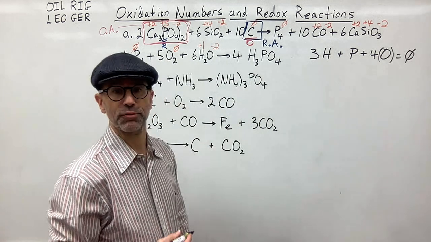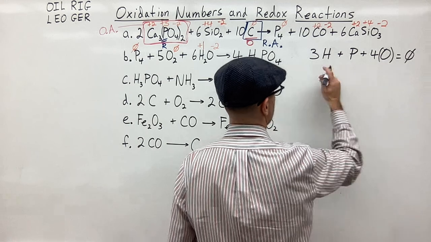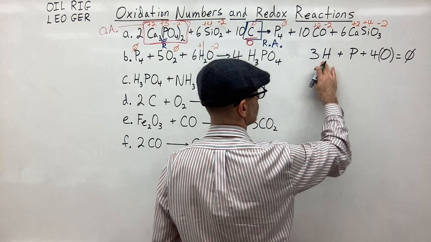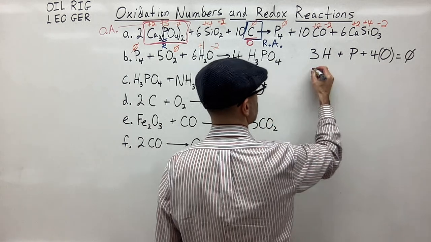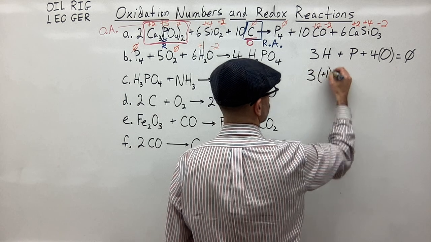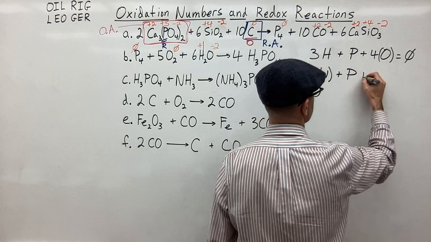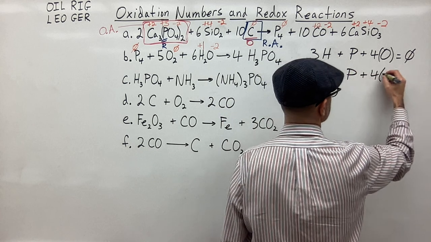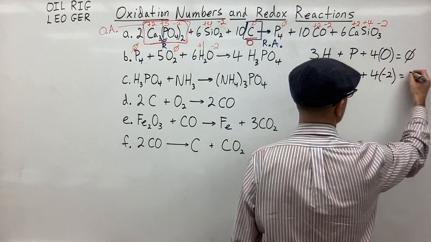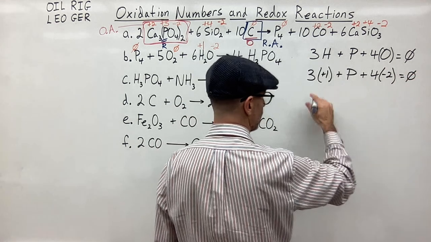We can figure out the oxidation state of phosphorus by plugging in the oxidation states of hydrogen and oxygen. So we have 3 times +1 plus the oxidation state of phosphorus plus 4 times -2 equals 0. And now we can solve for the oxidation state of phosphorus.